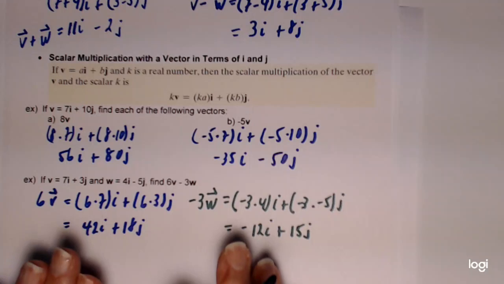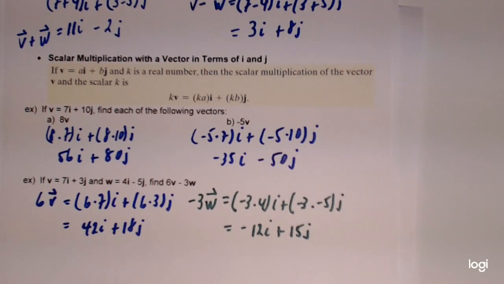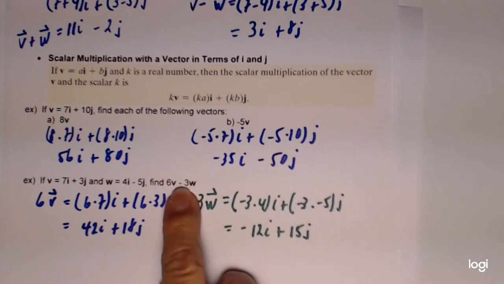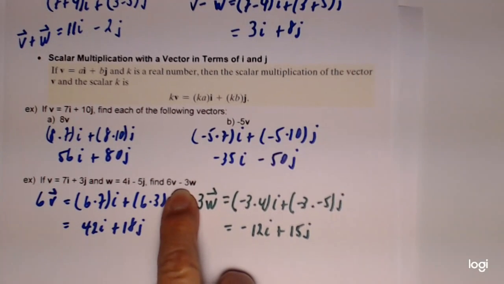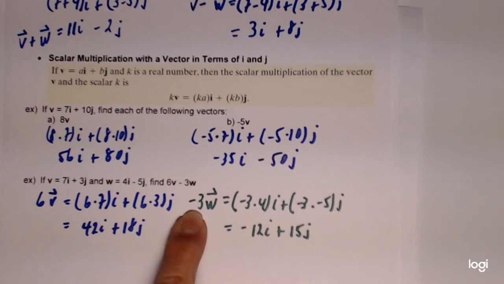So we've done our scalar multiplications, and now I'm going to put them together using addition, because this was a subtraction, but I took care of the subtraction when I changed this to using -3w.